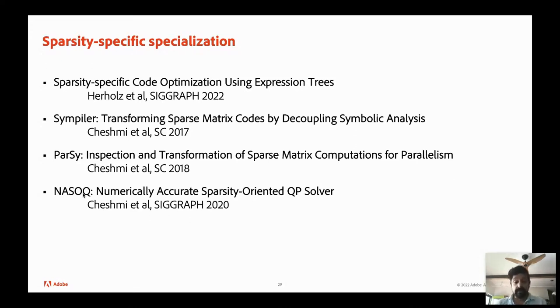And the results of these are open source and available really easily if you simply search NASOC or Parsai, and the first author, Kazim Cheshmi, who was a PhD student at the University of Toronto.